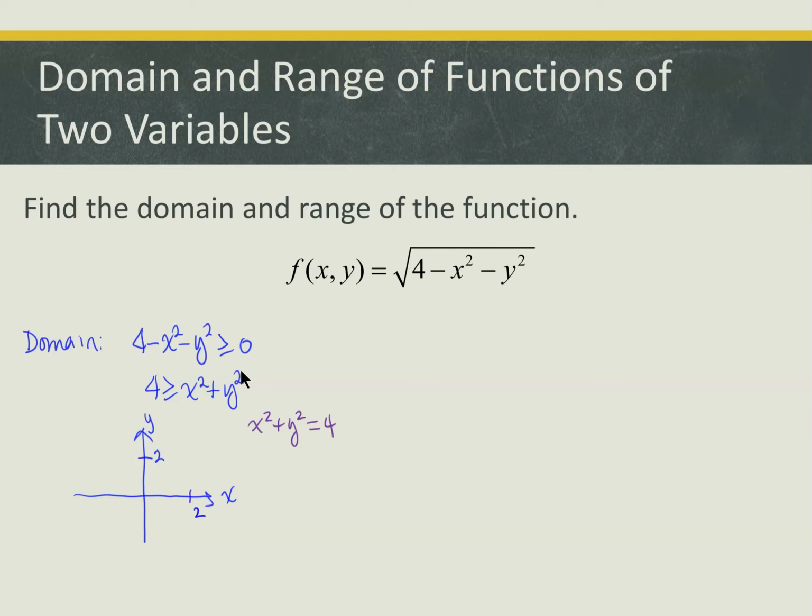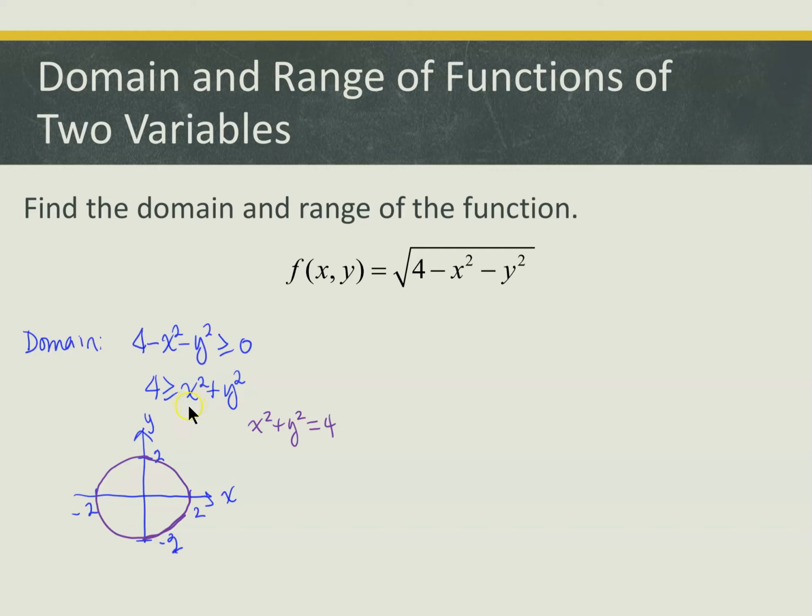So if I scale my axes to indicate increments of 2, then that circle would look something like this. And this would be a solid circle as I'm considering my domain, because I see this equal to in the inequality.